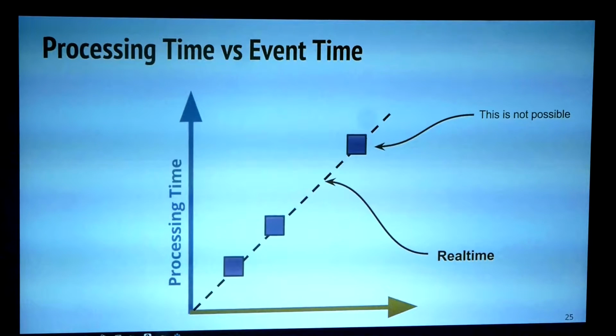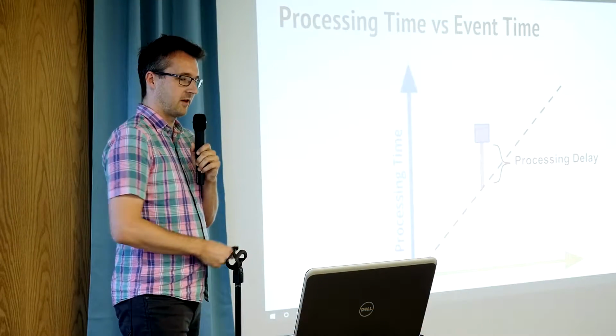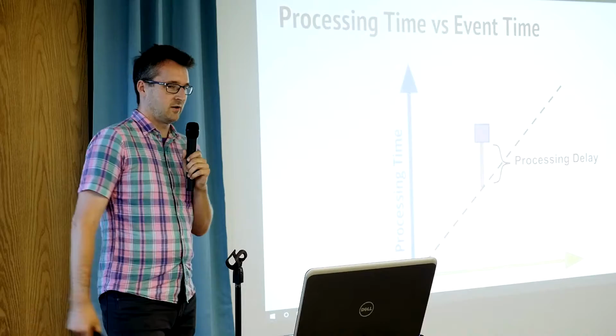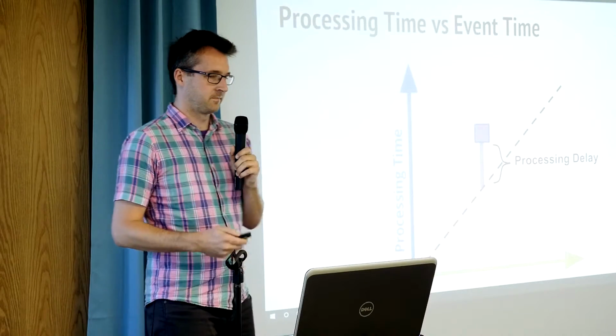None of our data can quite fall on this line. All of our data lives somewhere above the line in its natural state. From this perspective, the height of a datum from the diagonal line is the processing delay for that element. This is the duration between when the element happened and when we did something with it.